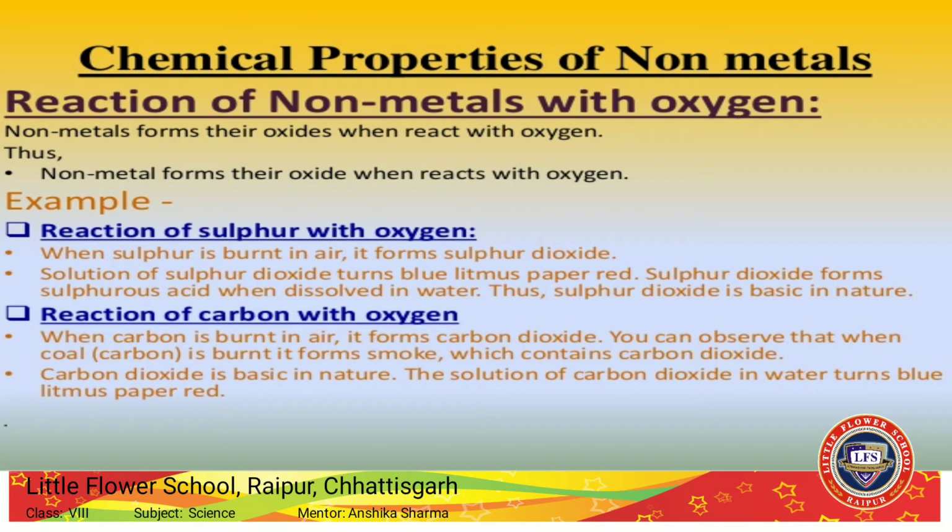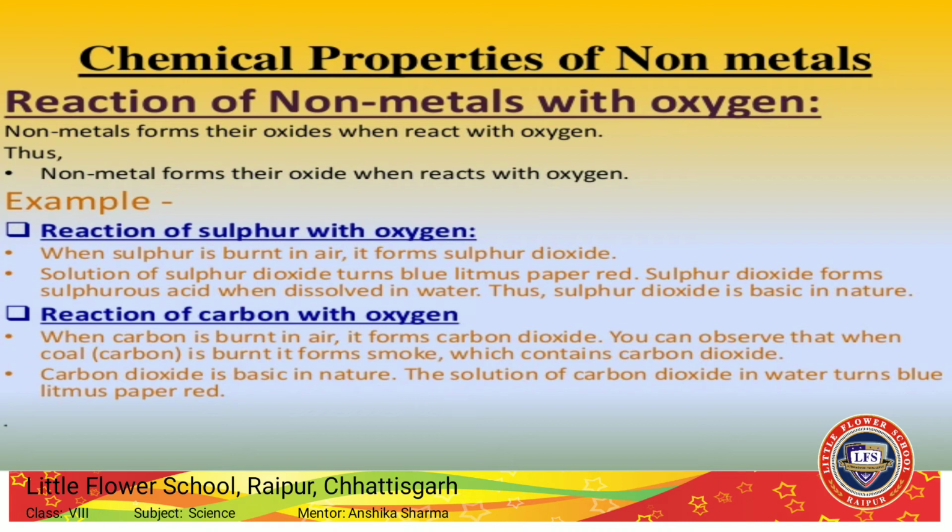Solution of sulfur dioxide turns blue litmus paper red. Sulfur dioxide forms sulfurous acid when dissolved in water. Thus, sulfur dioxide is acidic in nature. Reaction of carbon with oxygen. When carbon is burnt in air, it forms carbon dioxide.